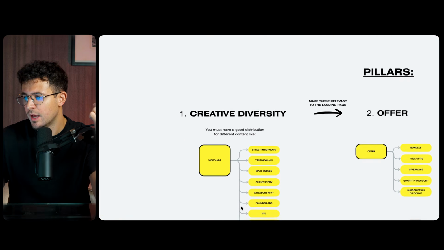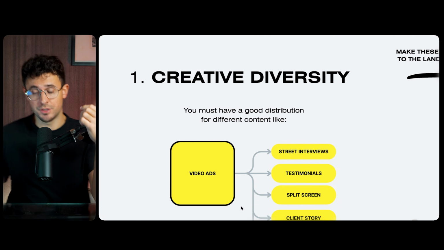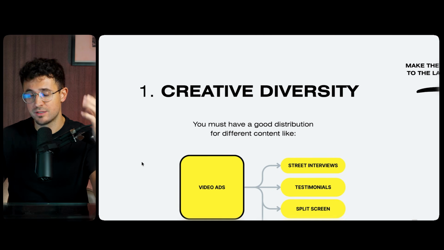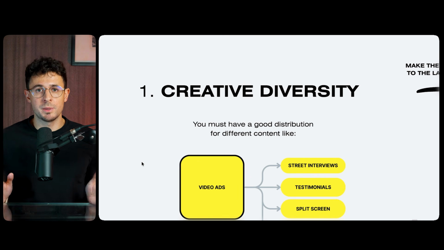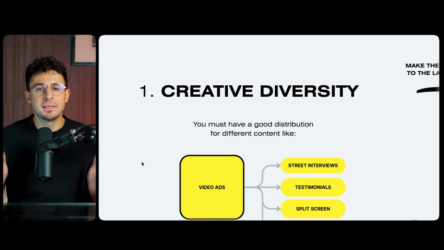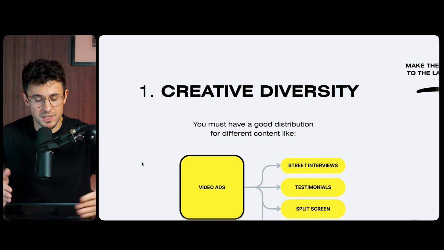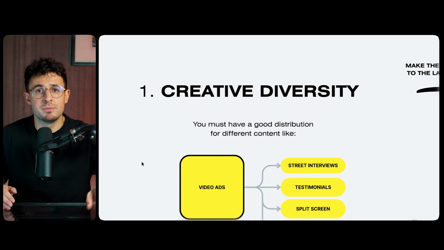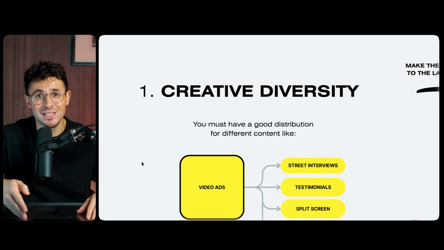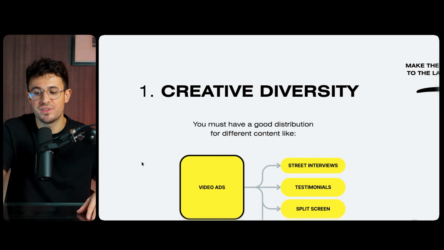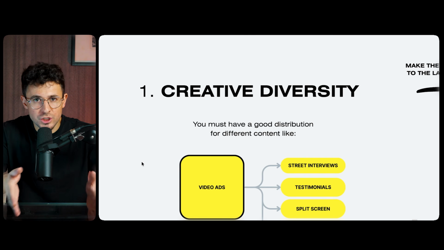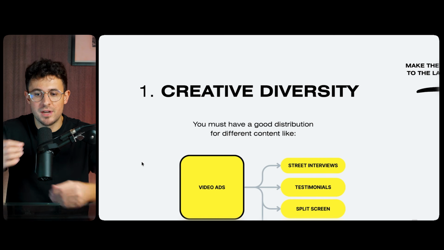The first pillar is creative diversity. Creative, as you probably know, is the main thing when it comes to Andromeda, because right now Meta Andromeda targets people specifically thanks to the creatives. Another thing Meta Gem is doing is optimizing the creative sequences. That means you cannot just have the same creative while changing a few details like the copy.